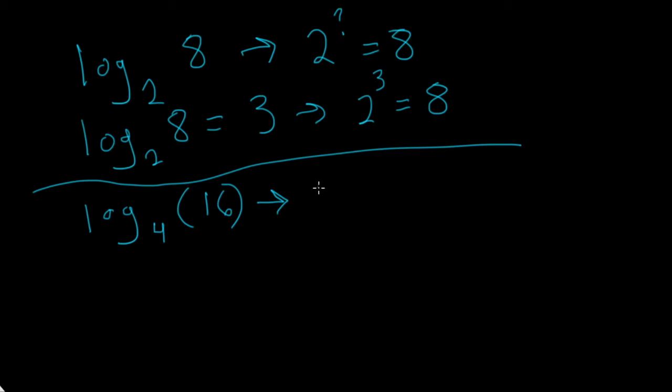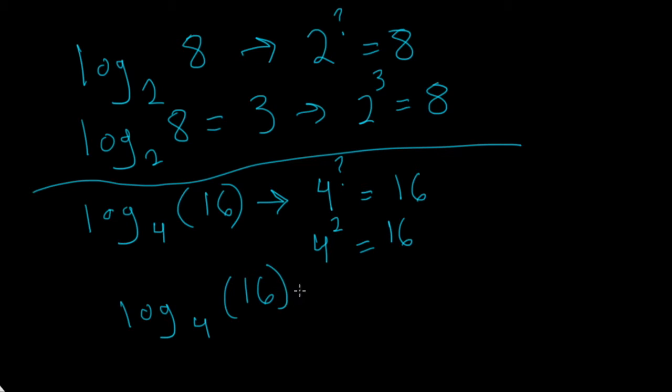So this means we're going to have 4 to the something power is equal to 16. Now, of course, we know that 4 squared is equal to 16, meaning that log base 4 of 16 is simply 2. And that would be your answer.